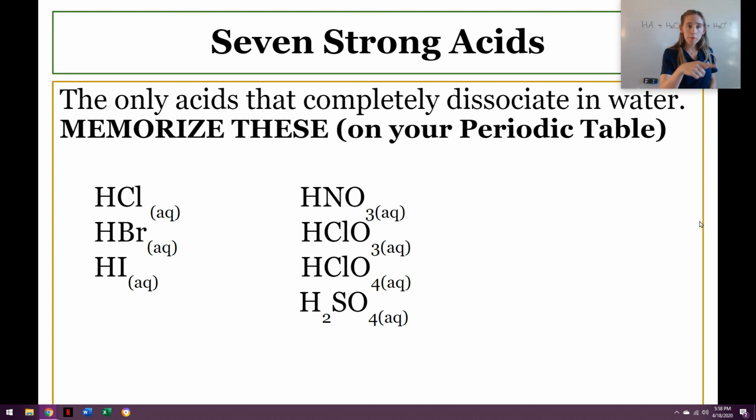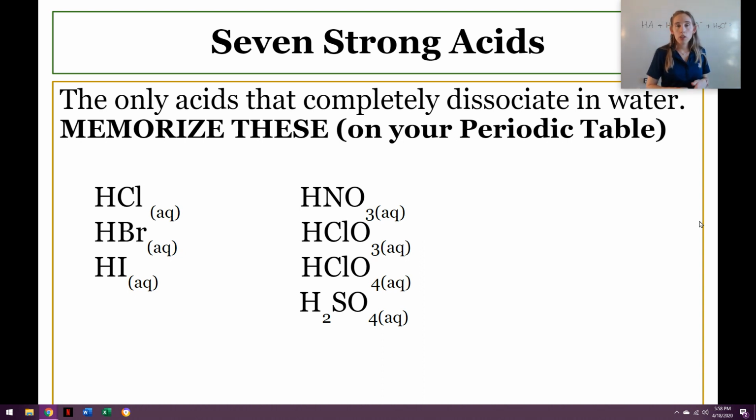You have a couple of binary acids, HCl, HBr, HI, and then you have HNO3, HClO3, HClO4, and then you have one diprotic acid. Diprotic meaning 2 protons. Well, if you remember, our hydrogens in acids are technically just protons because they have lost their electrons.